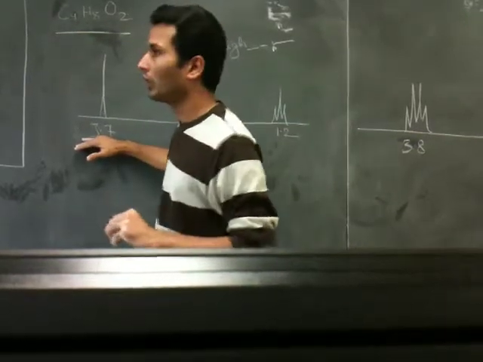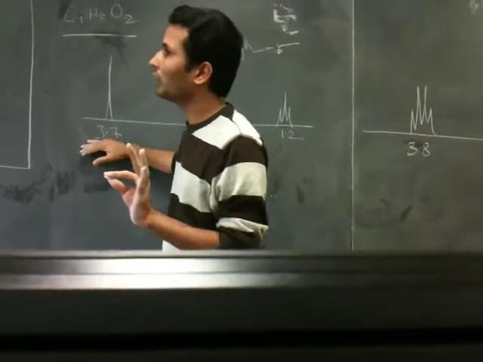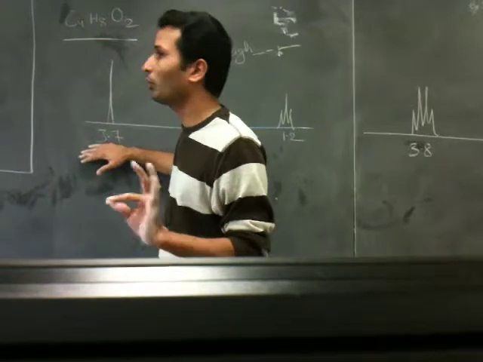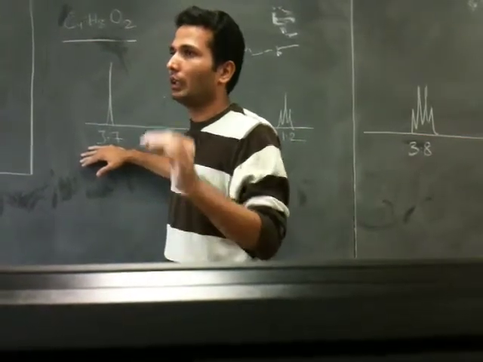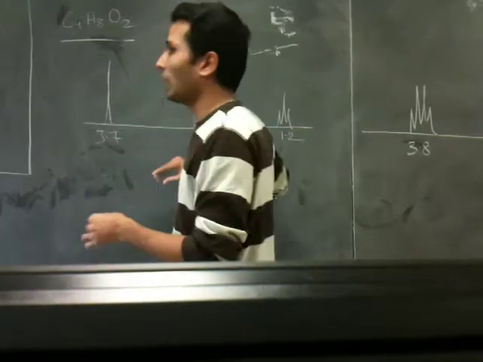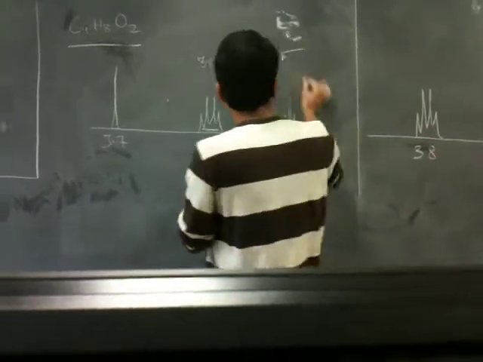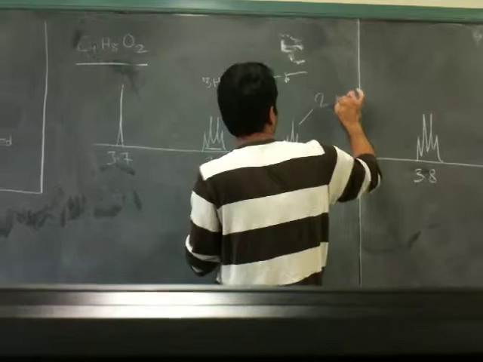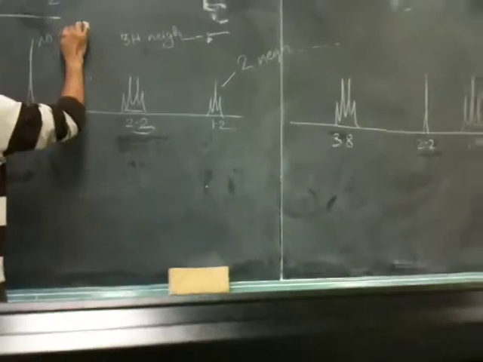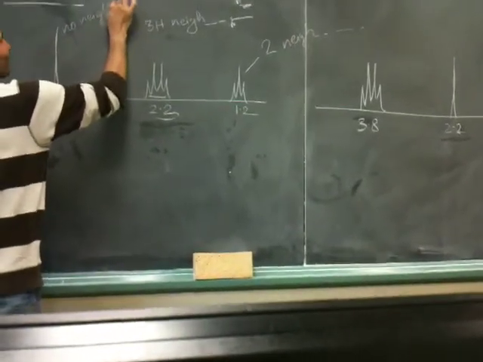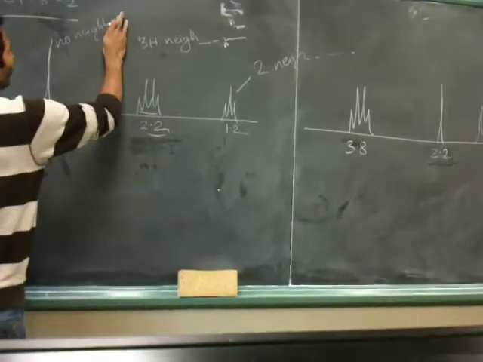This one? Yes. I haven't said anything about any hydrogen. I'm just talking about the set of protons, saying that it's next to oxygen. In this one, it has 2 neighbors. This one, no neighbor. Okay.